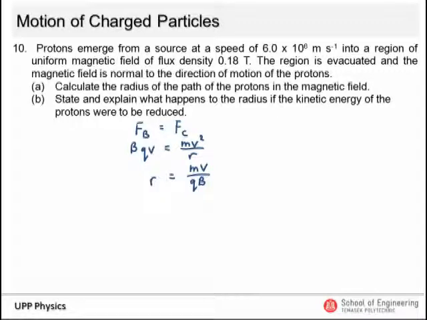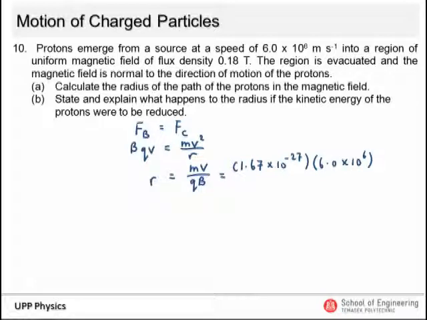Do we know these values? Yes, we do. The mass of the protons, if we check the formula booklet, is 1.67 times 10 to the minus 27 kg. The velocity is given as 6.0 times 10 to the power of 6 meters per second.